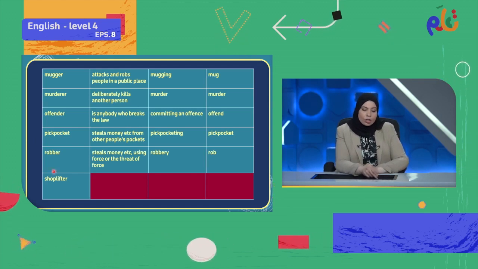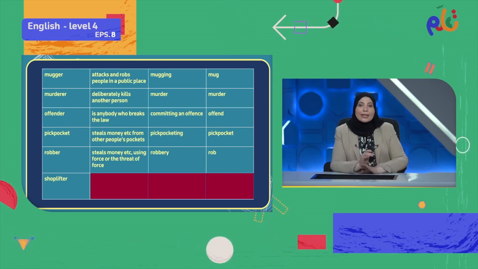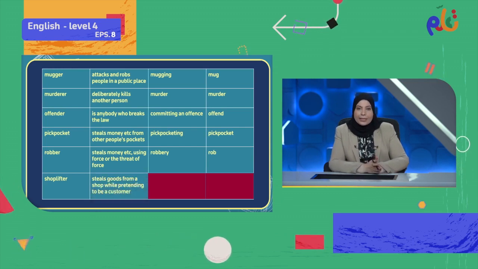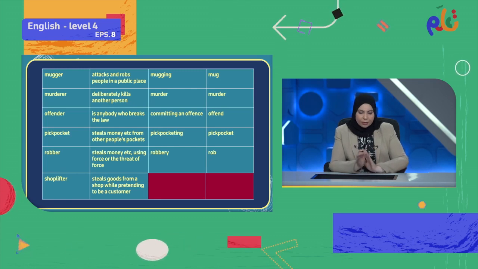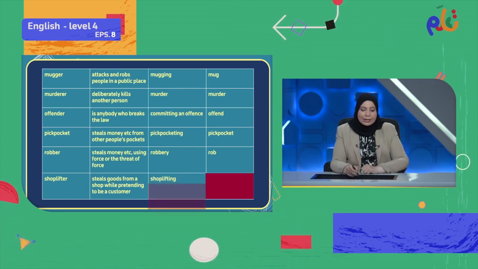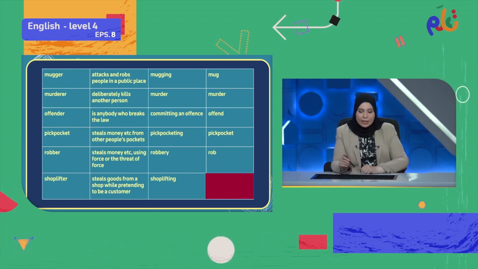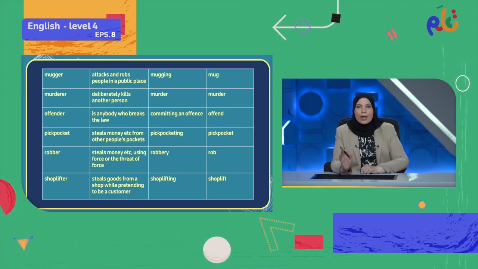And then we have shoplifter. As we said, from the word shop, these are people who take stuff or goods from a shop without paying. And if we're talking about the crime, it's called shoplifting. And the verb is shoplift.